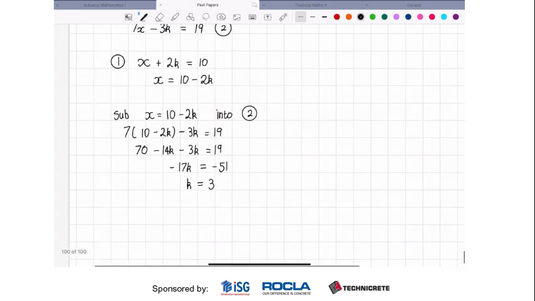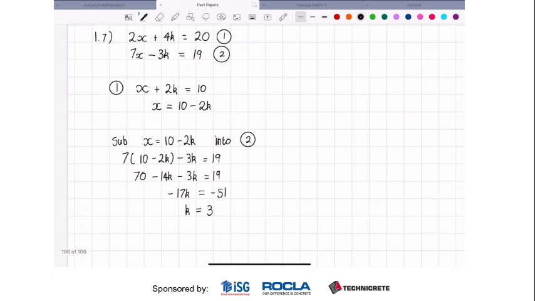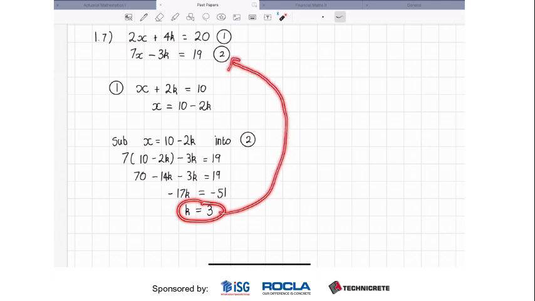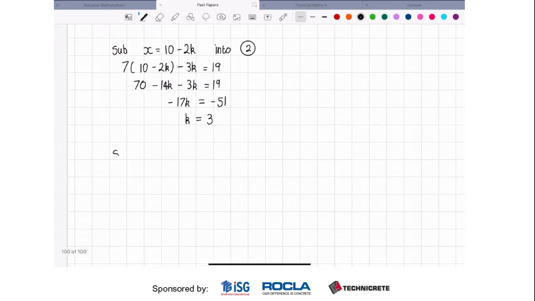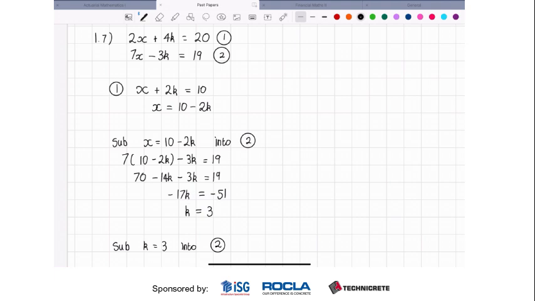So now that I've got a value for k, I'm going to substitute this value for k back into equation 2, and then I'll be able to get a value for x. So everywhere that I see k in equation 2, I'm not going to write k, I'm going to write 3.